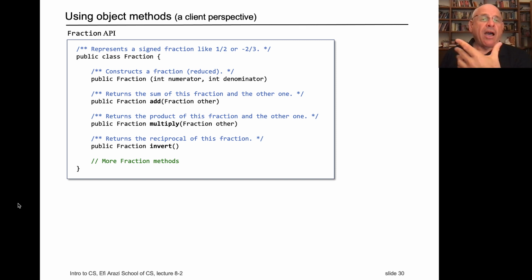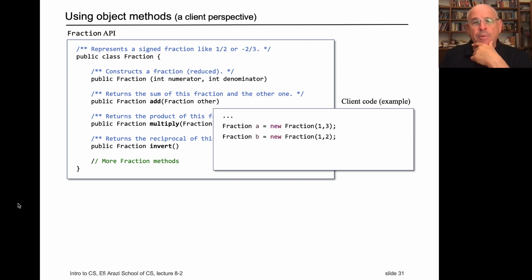All right, let's see how we use these capabilities. So we define two fractions, a and b, and now we can say, I'm going to define a new object called sum, and sum equals a.add(b), which we should read as apply the add method on the a object, and I'm going to pass to it b as a parameter.